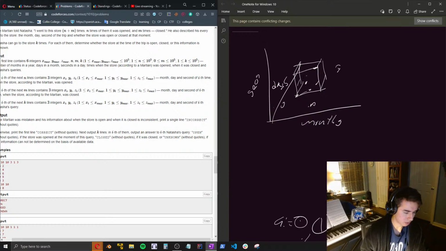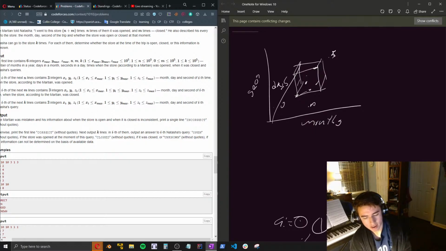For each of the M points, we have to think about what I have to think about. Oh yeah, for each of the endpoints, let's say it's greater than all 3 of the dimensions in some way.